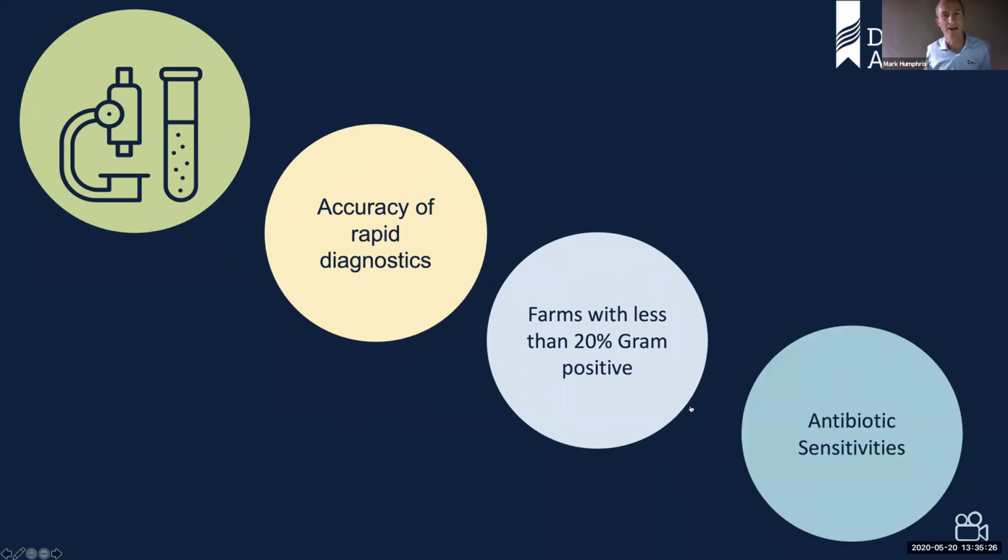Furthermore, there are some products on the market that purport to offer guidance around antibiotic sensitivities. What I'm talking about there is systems that suggest the best antibiotic to use.